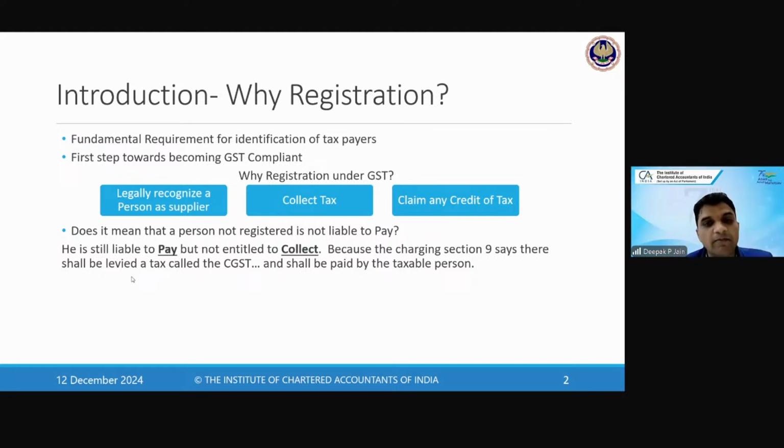He's still liable to pay, but not entitled to collect. Somebody is asking, what do you mean by not entitled to collect, sir? Madam, I sell goods to you. Now, will you pay me GST if I ask you for GST and I tell you that I'm not registered under GST?